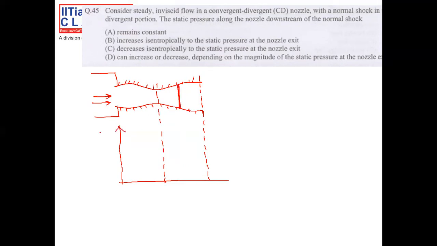And if we plot the pressure for this particular flow in the CD nozzle, where the normal shock resides in the divergent portion of the nozzle, the pressure variation along the CD nozzle will be like this.